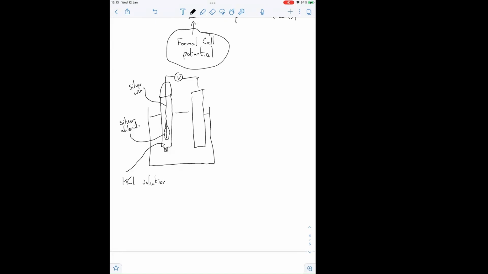Different people use different reference electrodes. The classic ones are saturated potassium chloride solutions, and you know your solution is saturated because it's got some crystals of potassium chloride in the bottom.